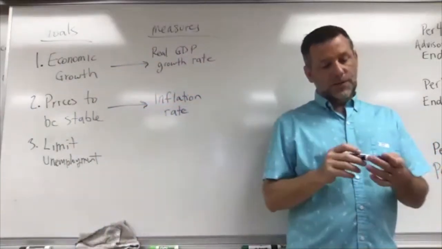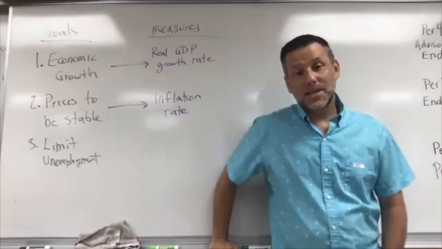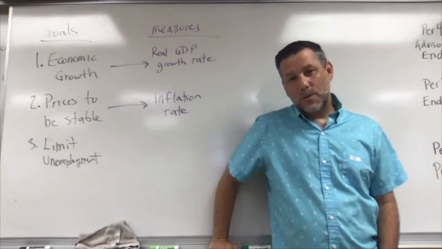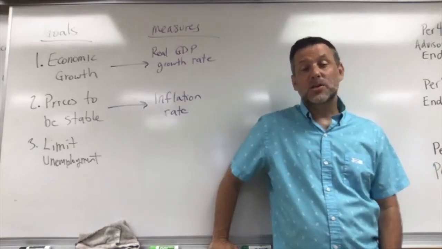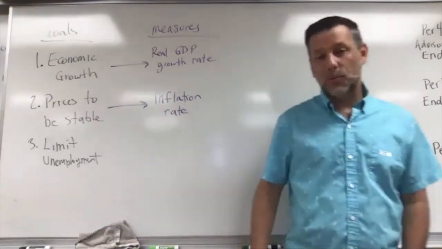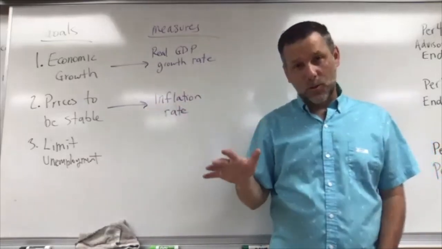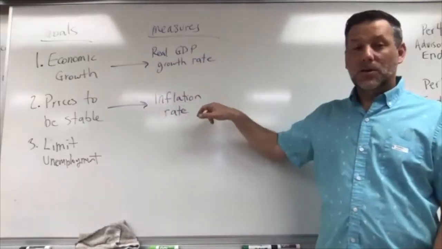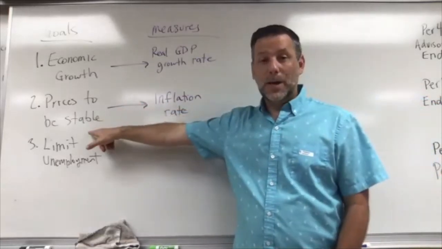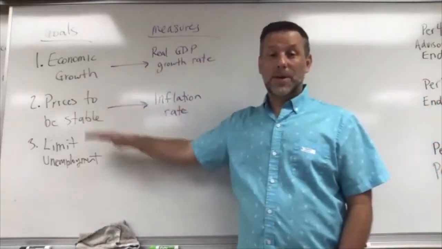If our inflation rate is going up, then that tells us that prices are going up. And remember that the main way that we measure inflation is we use the consumer price index or the GDP deflator. Those are the two main indexes that we use to measure this. But again, you're not going to have to calculate it this quarter, but you need to know. So if I tell you that the inflation rate is going up, that tells you that prices are going up. Or if I tell you the inflation rate's going down, that's telling you that prices are going down.